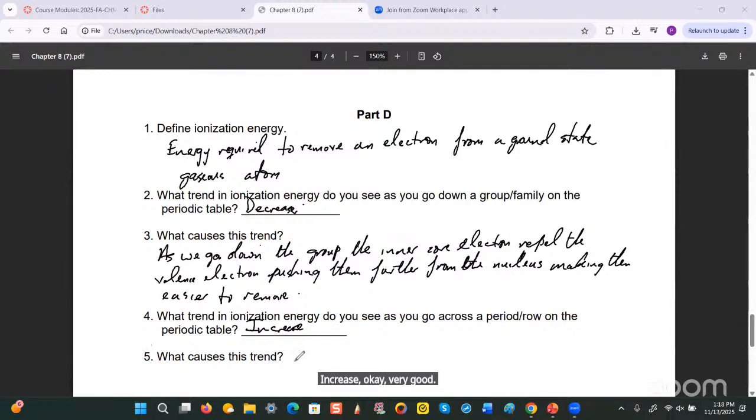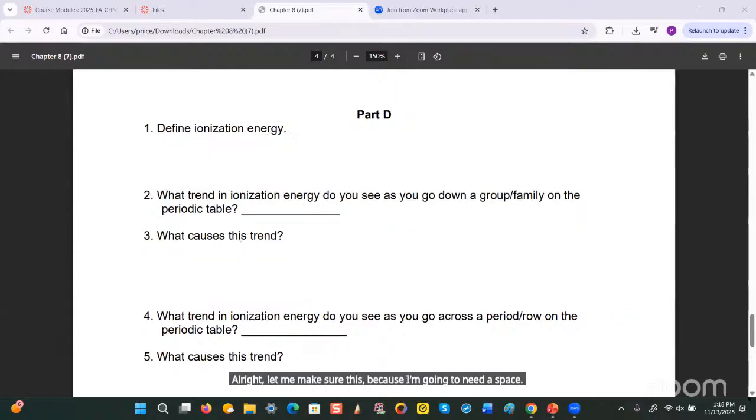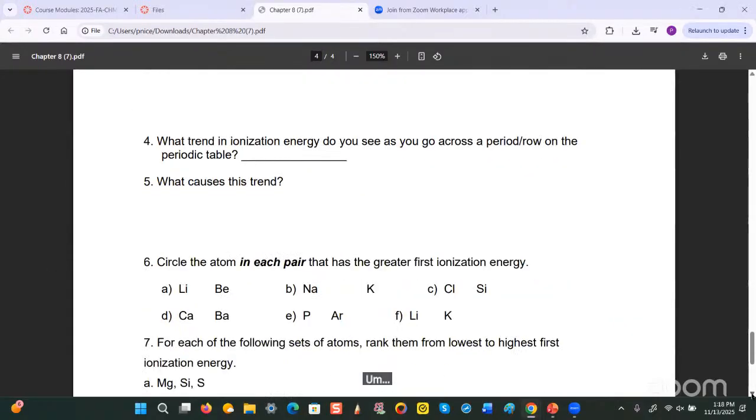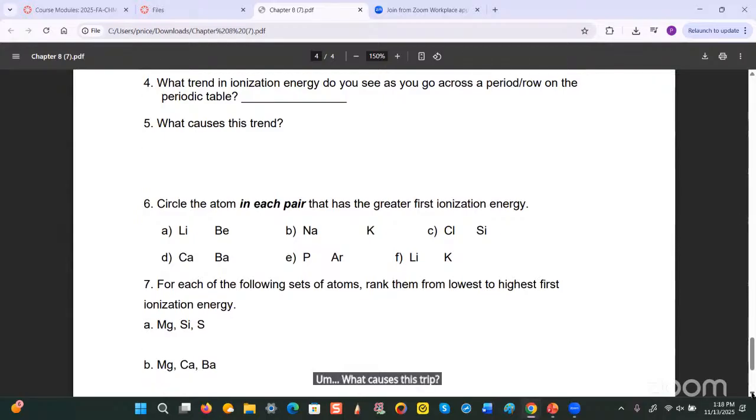So the next question is, what causes this trend? I'm going to clear this because I need space. Why is it that there's an increase in the first ionization energy as you go from left to right of any period?